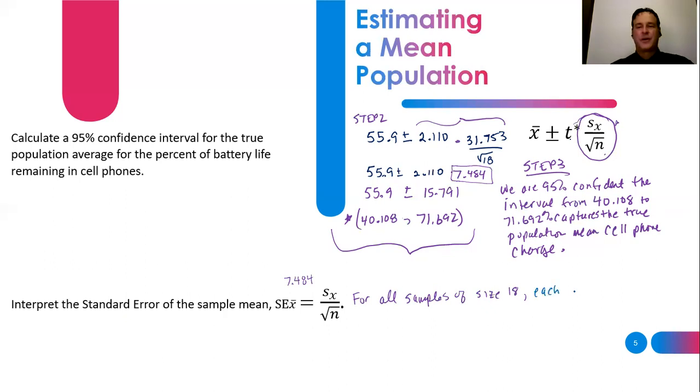Each x bar, each sample average, will vary, on average, by 7.484 from the true population mean cell phone charge.